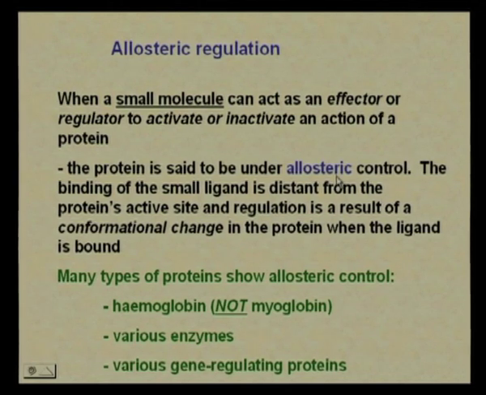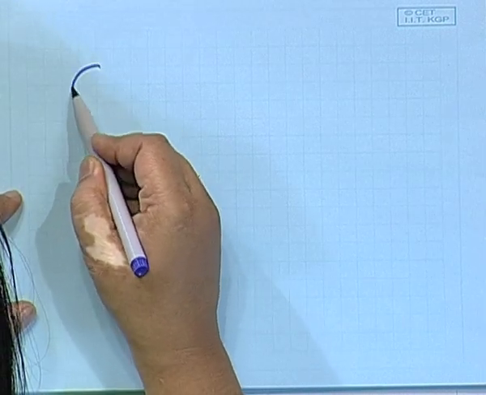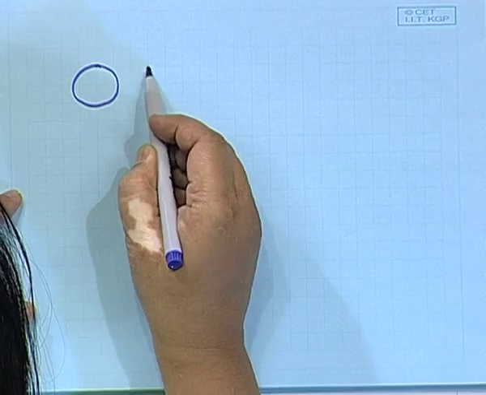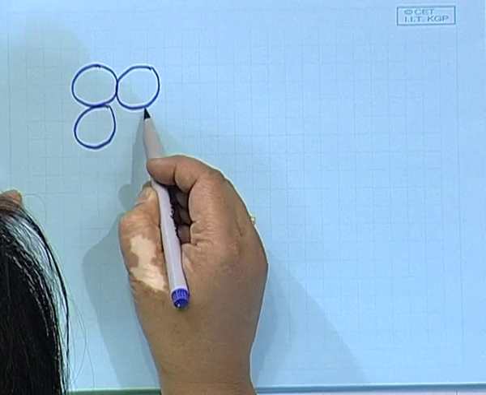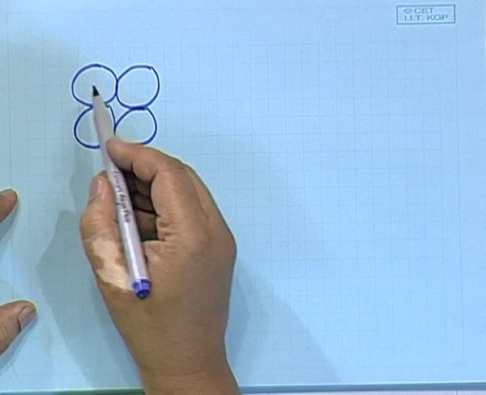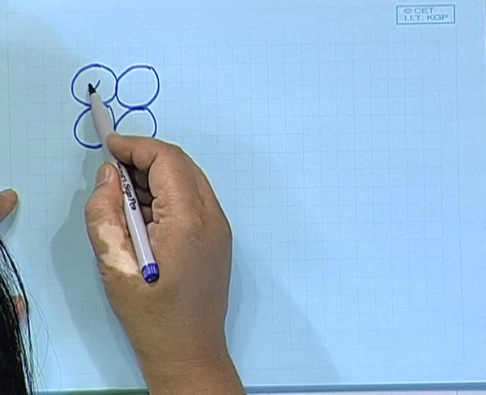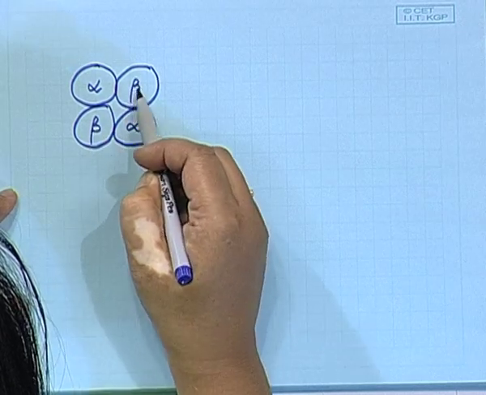This means that, for example, if I just show you what it means here, suppose we have our hemoglobin molecule. We have our hemoglobin molecule that is actually comprised of 4 different subunits. Now, in the 4 different subunits, this is something that we did in one of the earlier classes. We have 2 alpha subunits and 2 beta subunits.